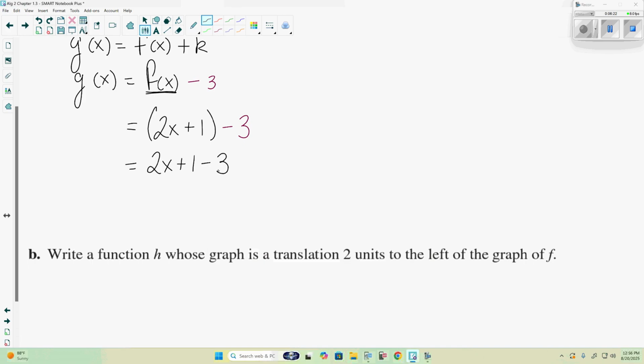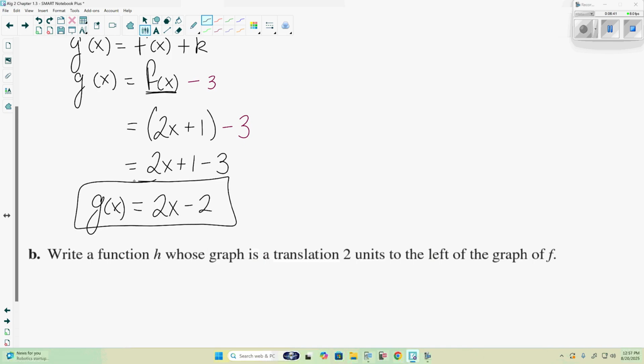Now, as long as we don't have any like terms, we're done. Do we have any like terms? We do. What are they? 1 and 3, we have 1 minus 3. 1 minus 3 is? So our new function g of x is 2x minus 2.